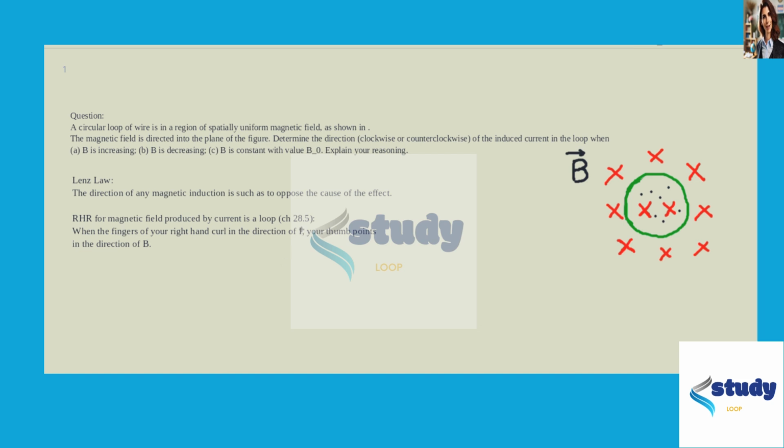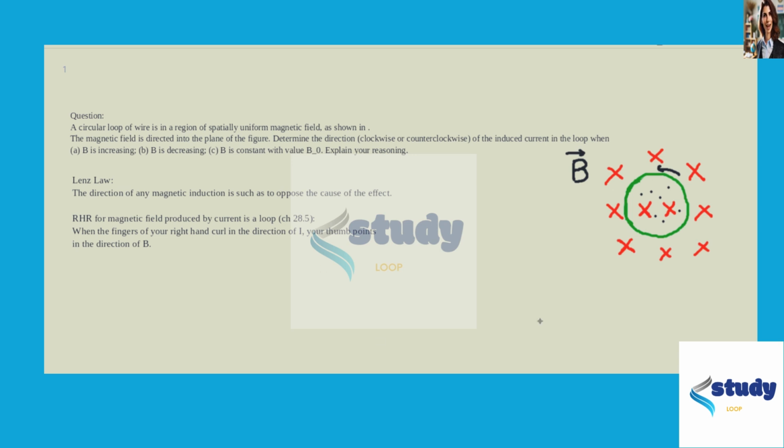So if you look at chapter 28 section 5, it tells you that your magnetic field will be your thumb, and if you curl your hand, that will give you the direction. So you already know that the magnetic fields are pointing towards us, so we point our thumb towards us and then we curl our fingers, and if we do so, we'll have the direction this way, which is anti-clockwise, right?